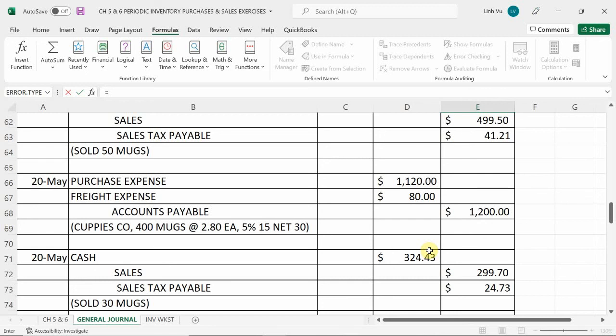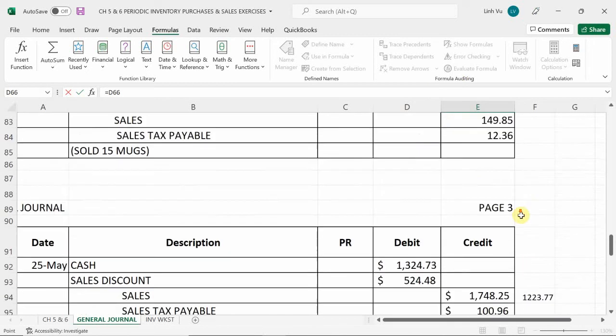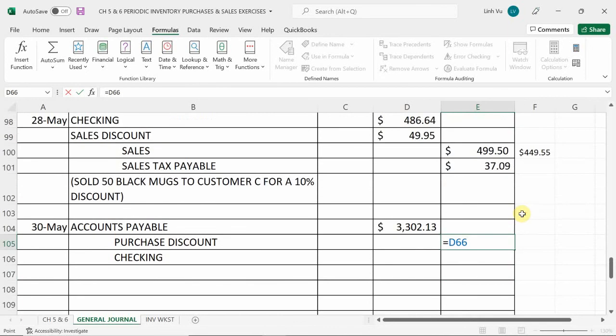I can only discount my original purchases, which was 1,120. The discount that was given to me is 5%. So what is 5% of 1120? $56. So therefore, how much money am I going to be actually paying Cuppy's Co.?